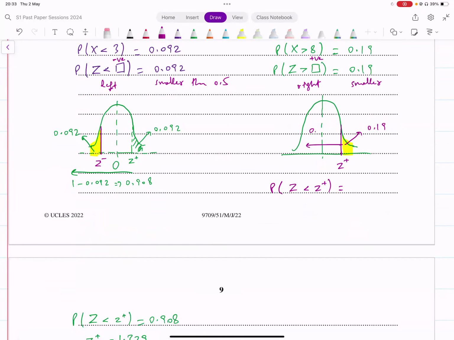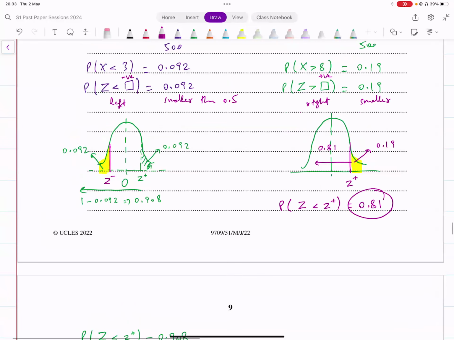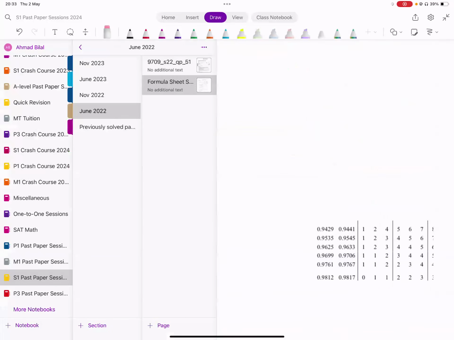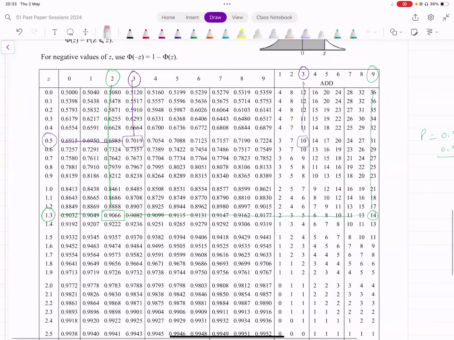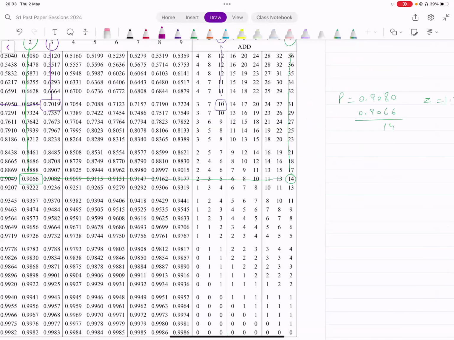This region is 0.81. And now we can go to the table and find this value of Z corresponding to 0.81. Probability is 0.81 now, so 8100, let's look for that value.